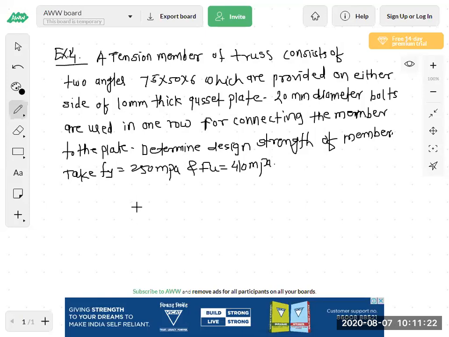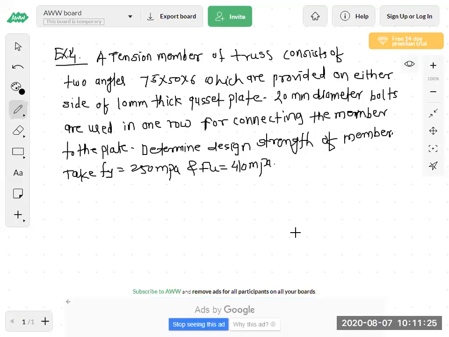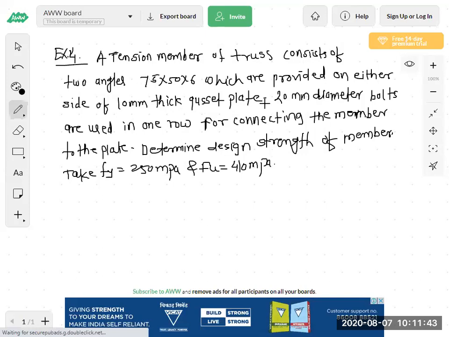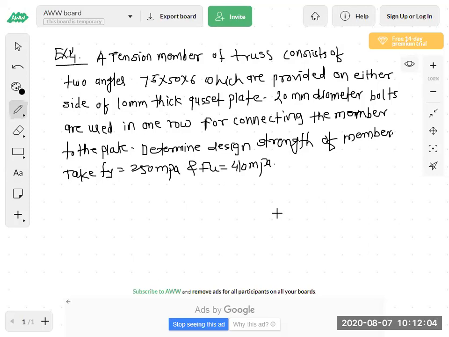So this is the example number 4 on the load carrying capacity of tension member. The statement of the example is: a tension member of truss consists of two angles 75 by 50 by 6, which are provided on either side of 10 mm thick gusset plate. 20 mm diameter bolts are used in one row for connecting the member to the plate. Determine design strength of member. Take Fy is equal to 250 MPa and Fu is equal to 410 MPa.